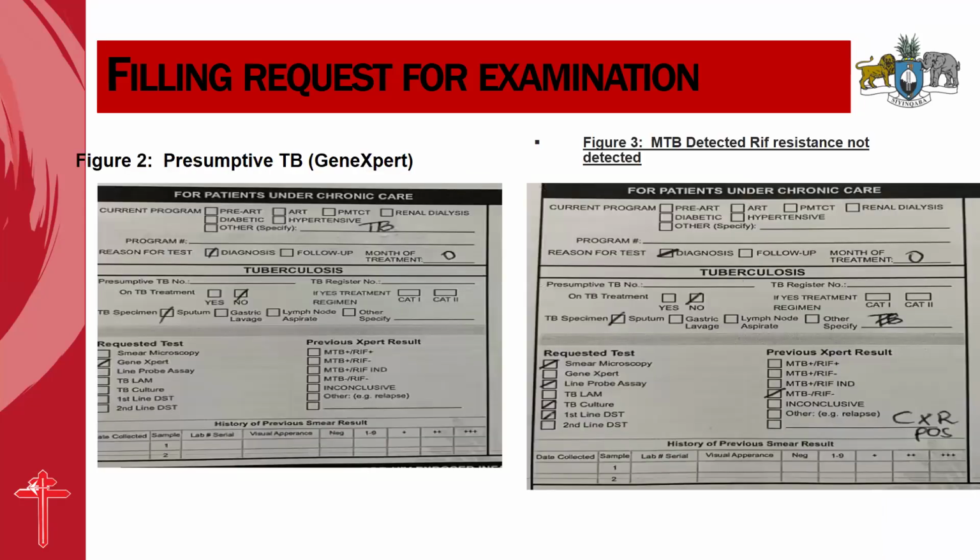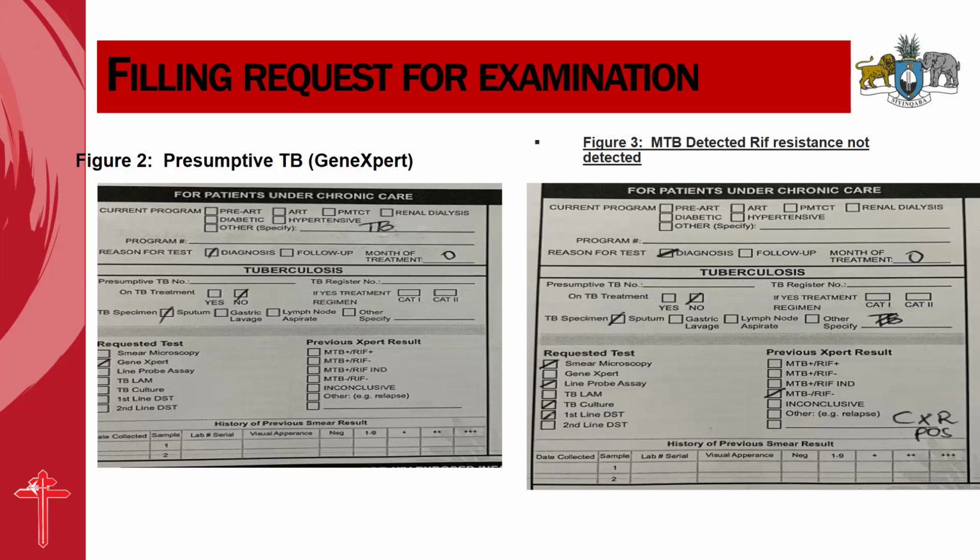Still the example there. You can see that it is presumptive TB. If it's a follow-up, for TB treatment we say yes; here it is no, because this one is presumptive. Those are the tests that you order. You mark the sample on the right, the sputum, and the tests: smear microscopy, line probe assay, TB culture.